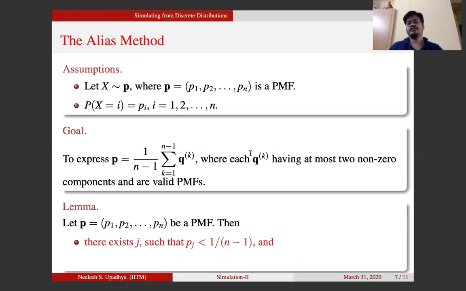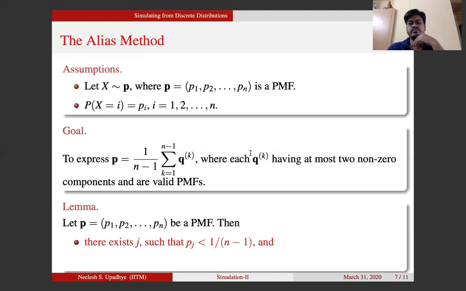So this method relies on one lemma. The lemma says, given a probability vector, which is a PMF, there exists at least one j such that pj is less than 1 upon n minus 1. So is this assumption justified? Yes, because suppose there exists no j such that pj is less than 1 upon n minus 1. That means all my pj's are greater than or equal to 1 upon n minus 1.